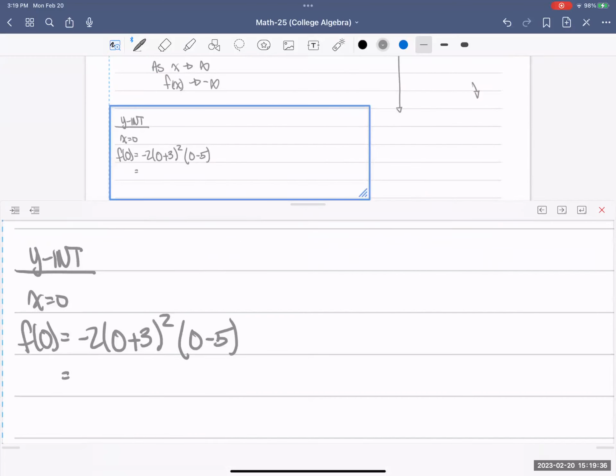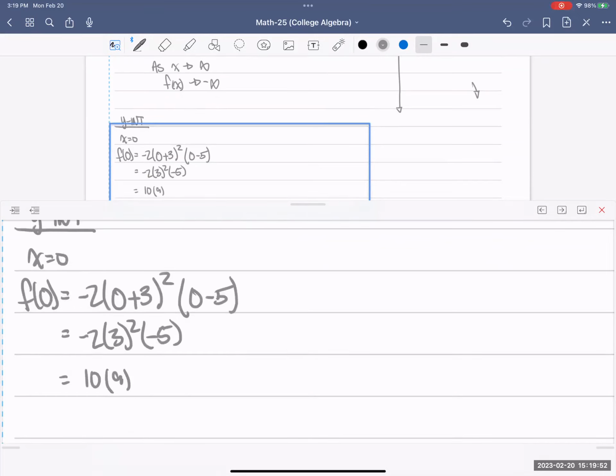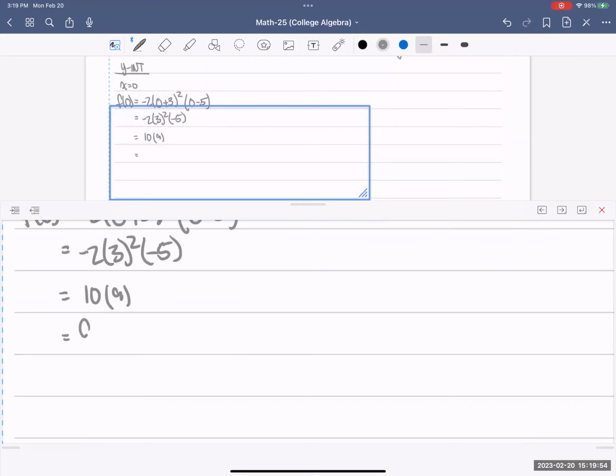Let's see what we get. -2 times 3 squared times -5. We have -2 times -5 is a positive 10. 3 squared is 9, and 10 times 9 equals 90. So this gives us the point where x is 0, y is 90.